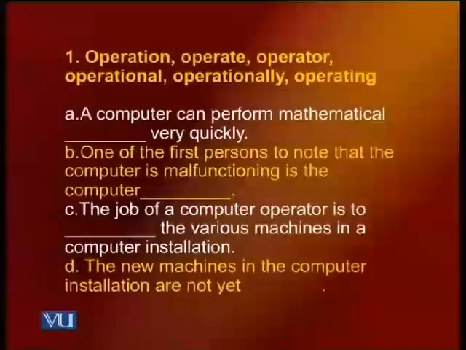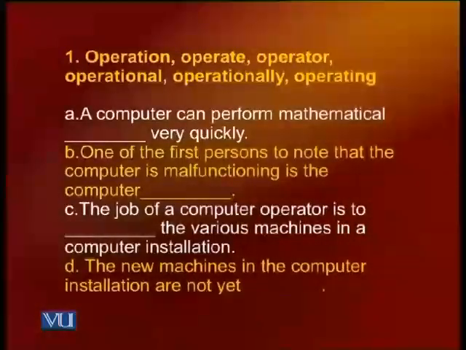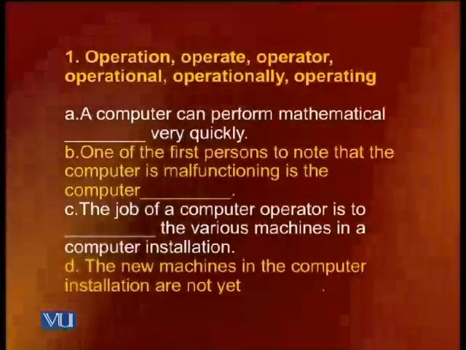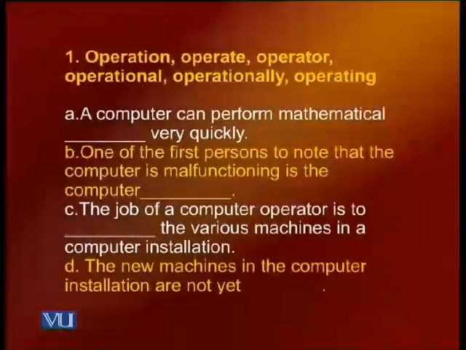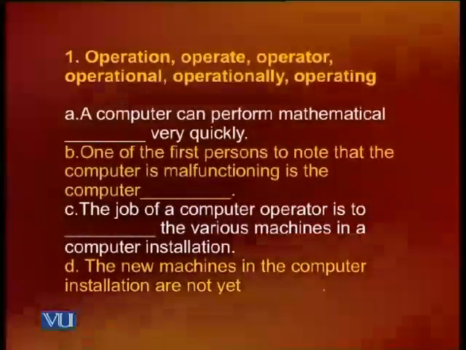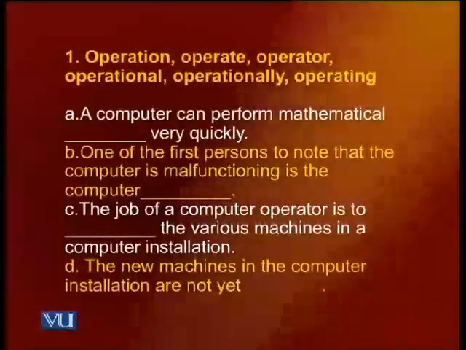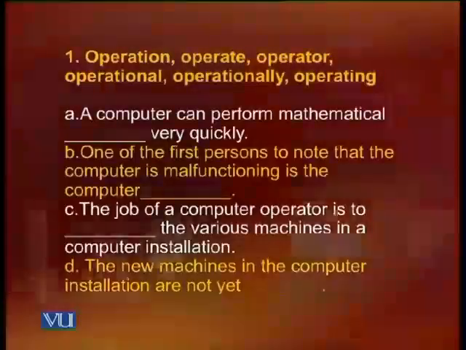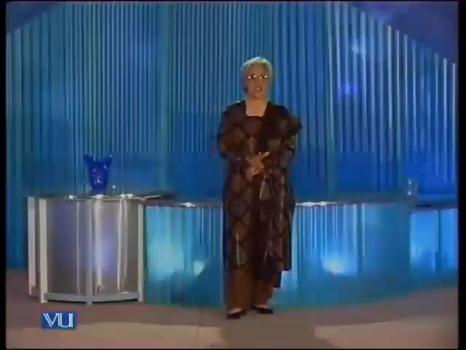And D, the new machines in the computer installation are not yet, and you have a choice over here. You can either add the ending ING, or add the ending AL.